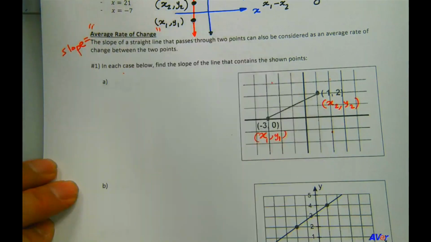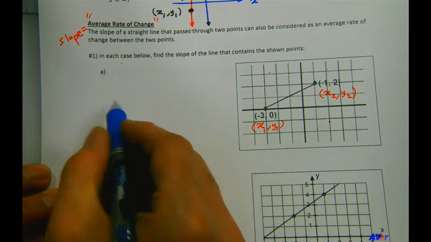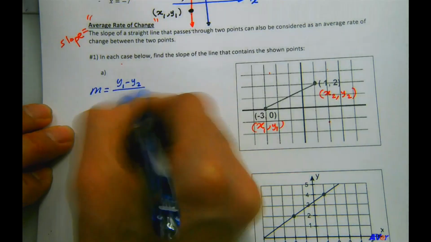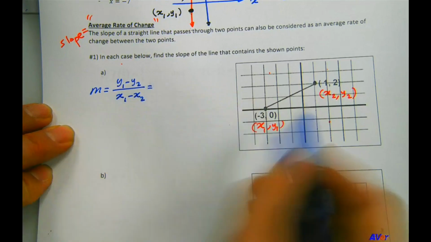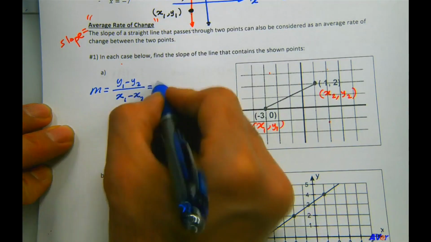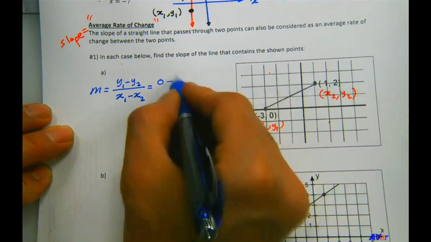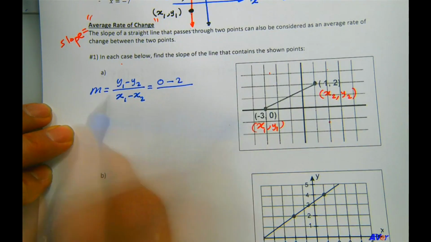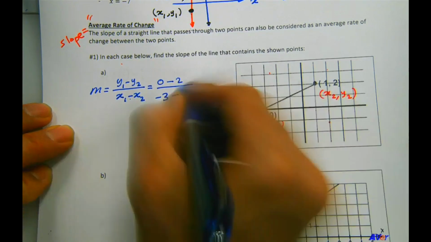So I'm assuming you've already solved this problem and you're watching the video to compare your solution with mine, which is fantastic. So the formula for the slope says y1 minus y2 divided by x1 minus x2. Okay, so y1 is 0 minus y2 is 2, divided by x1 is -3 minus x2 is 1.